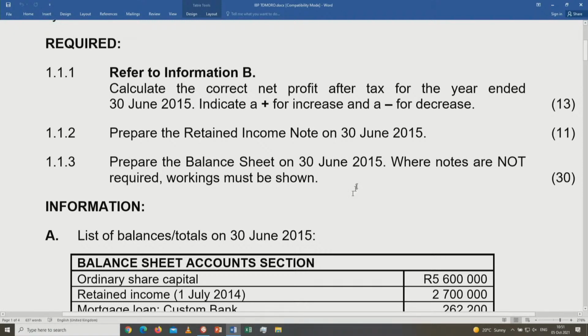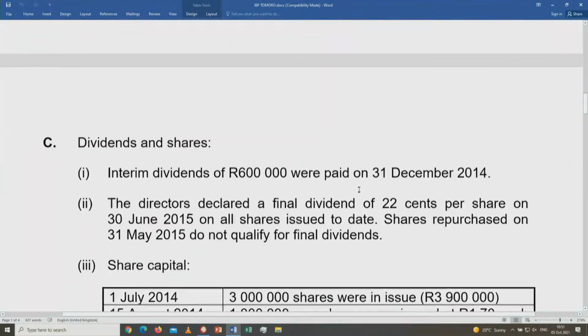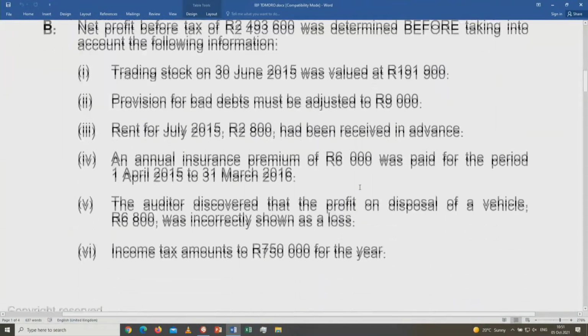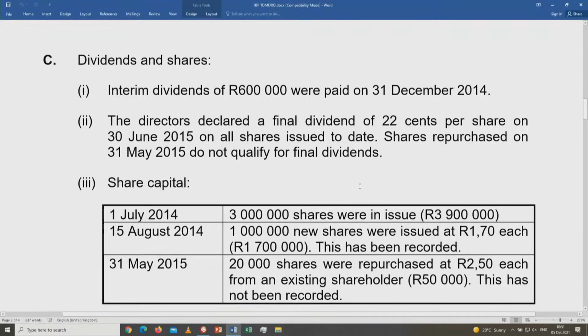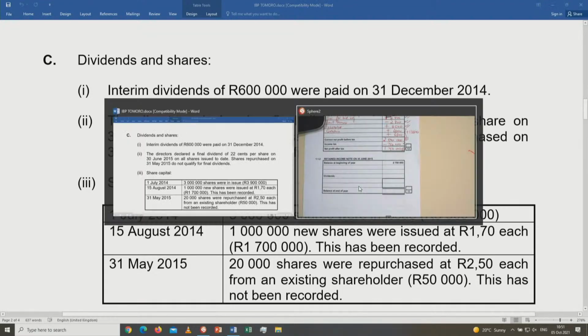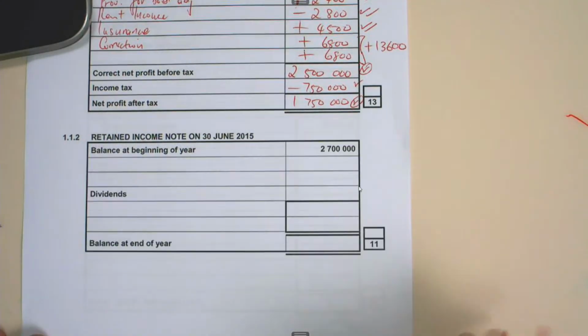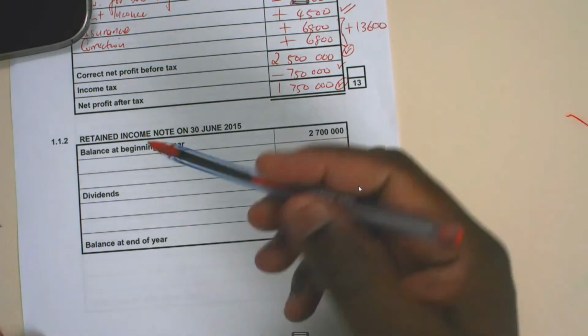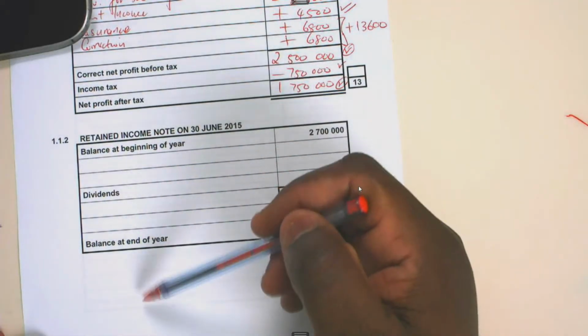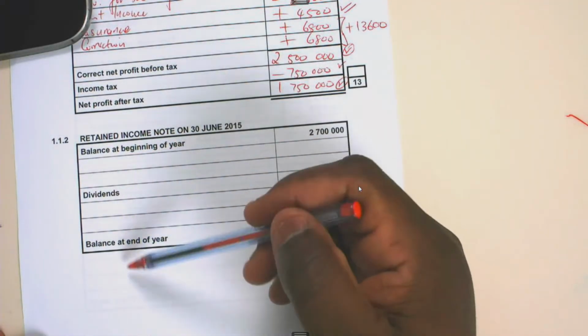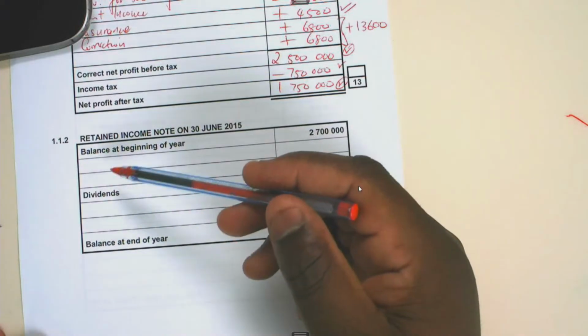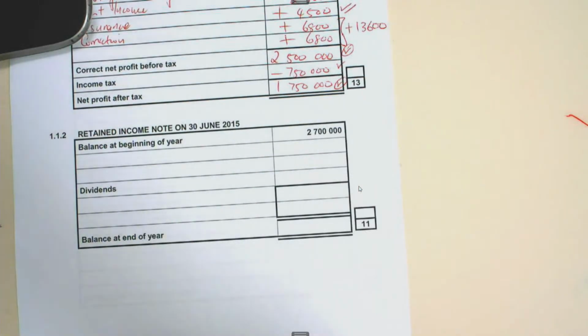Now let's look at our note number 8. Our note number 8 is retained income, and as you can have a look at it from our answer book here, we need to firstly fill in the note. It is not compulsory that you'll get everything filled for you. You must know the format.